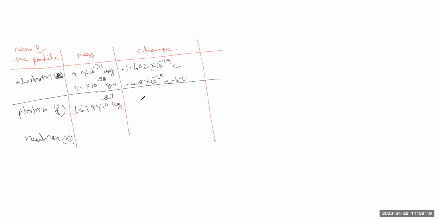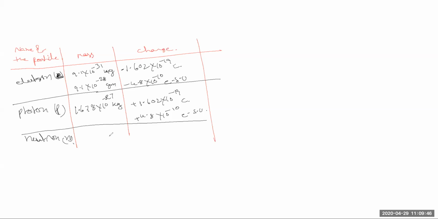So what is the charge? It's a positive charge, plus 1.602 into 10 power minus 19 coulombs. In ESU, electrostatic units, it is plus 4.8 into 10 power minus 10 ESU.